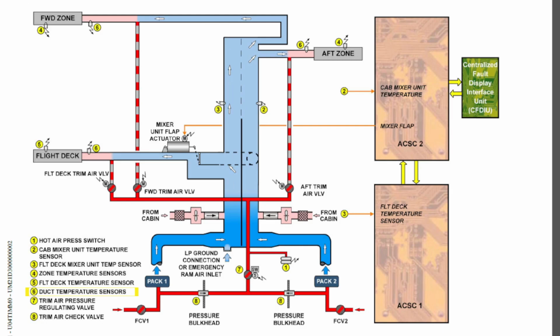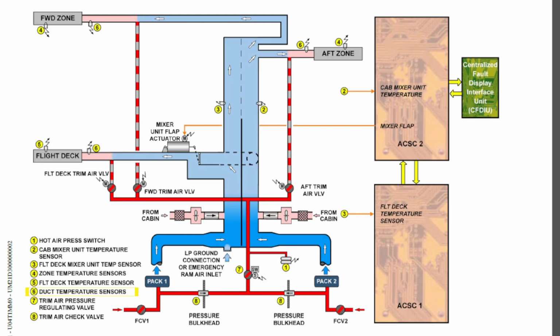If any duct temperature sensor reaches 88 degrees Celsius, you get the fault light, the valve will close, and you can reset it by switching it off and on, but the valve will only open if the temperature goes below 88 degrees or so. The valve will not open if the duct temperature is still above 88 degrees Celsius.